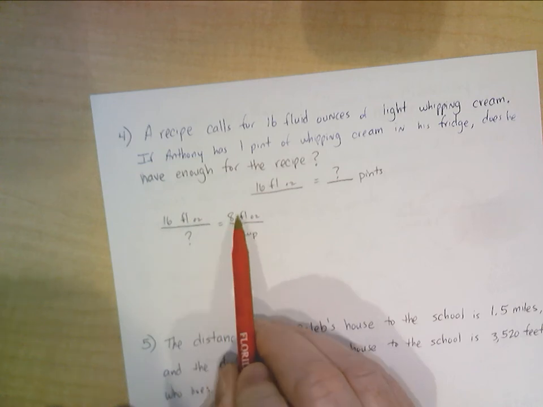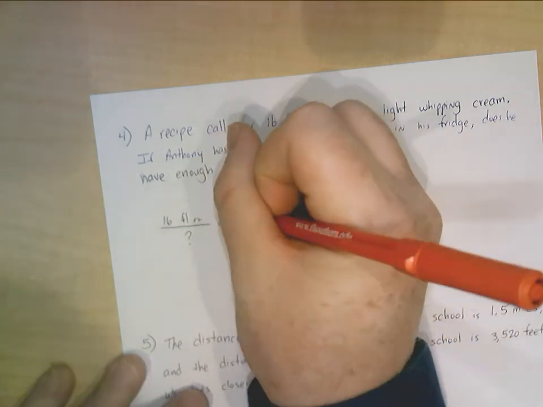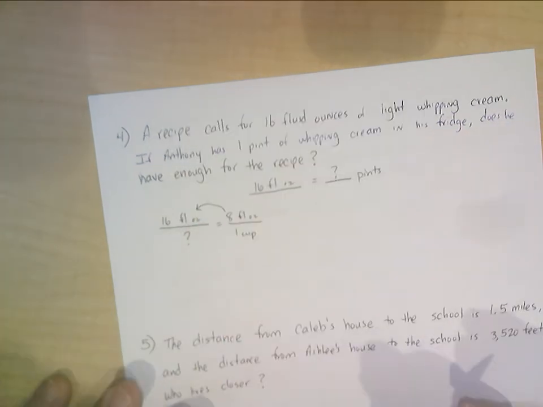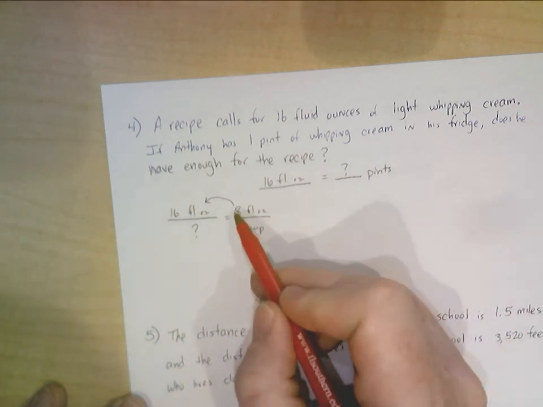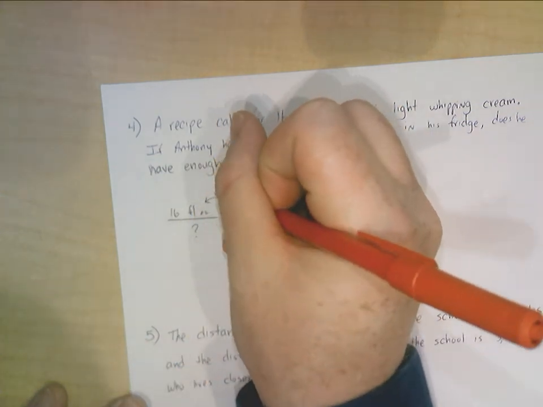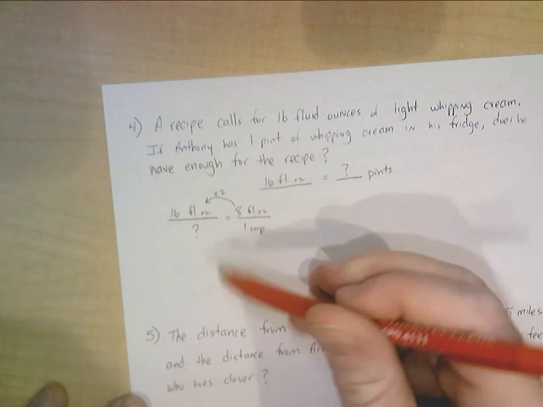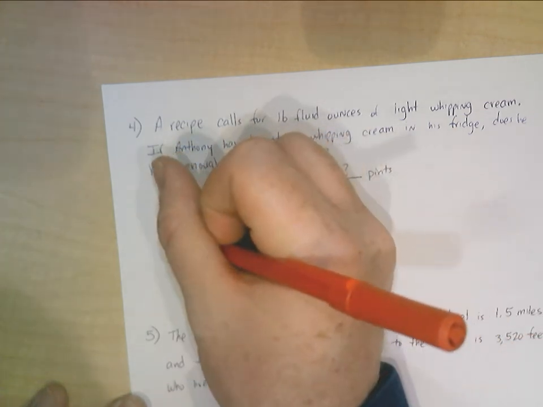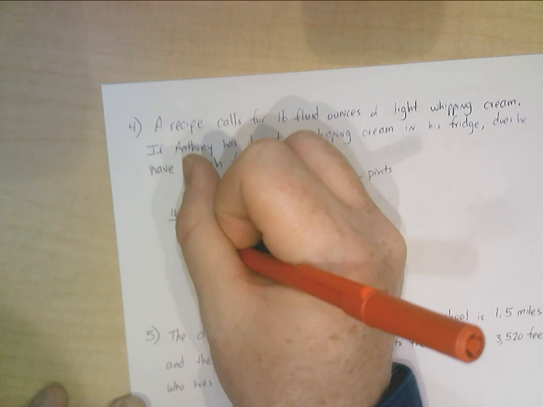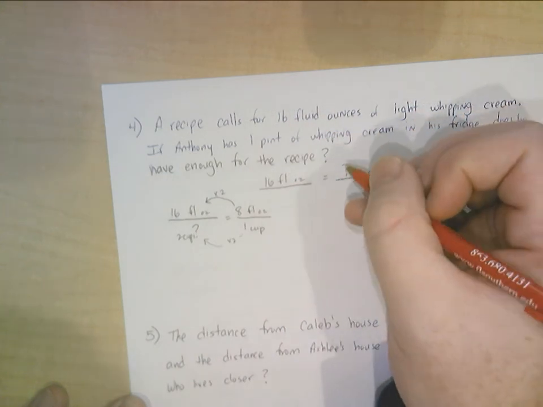The question is, how many times can 8 go into 16? I know I'm going kind of backwards here, but the same concept applies. 8 goes into 16 2 times, right? So if I multiply the top by 2, I'm going to multiply the bottom by 2 as well. 1 times 2 is 2 cups. So 16 fluid ounces is 2 cups.